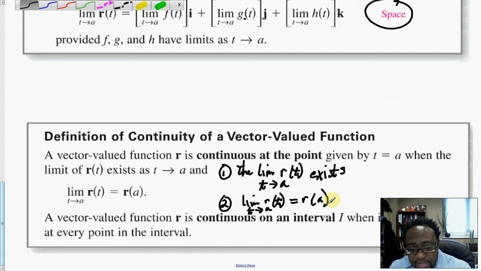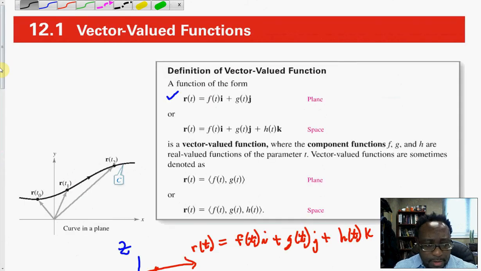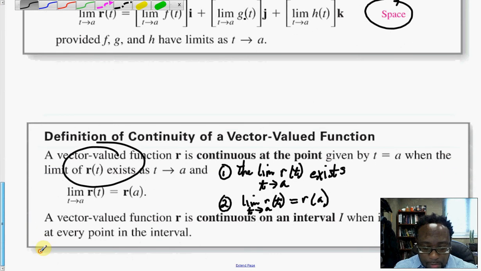So two things even in the definition that you see is that the limit has to exist and that limit ends up being a definite point.